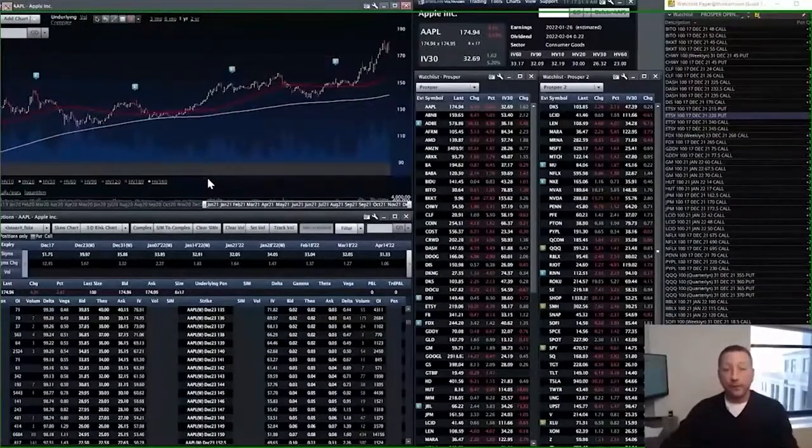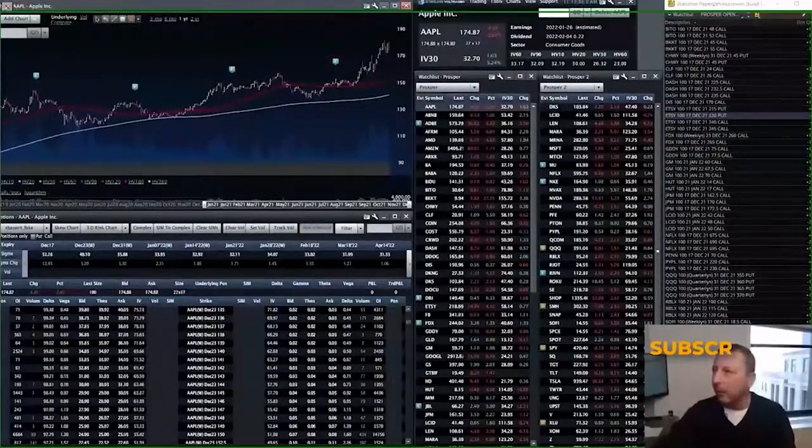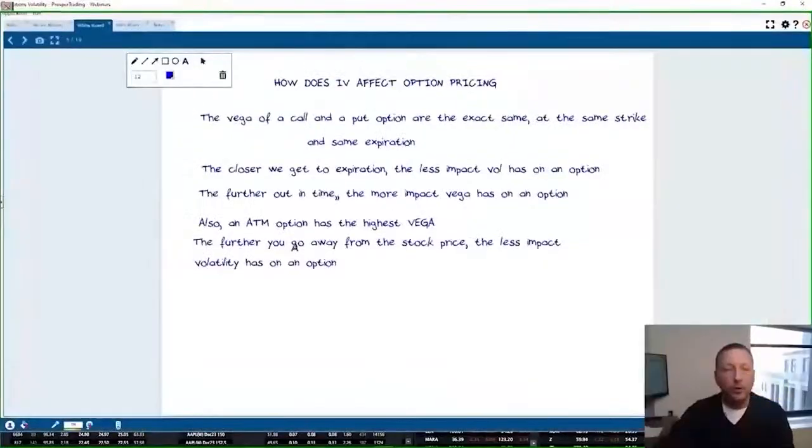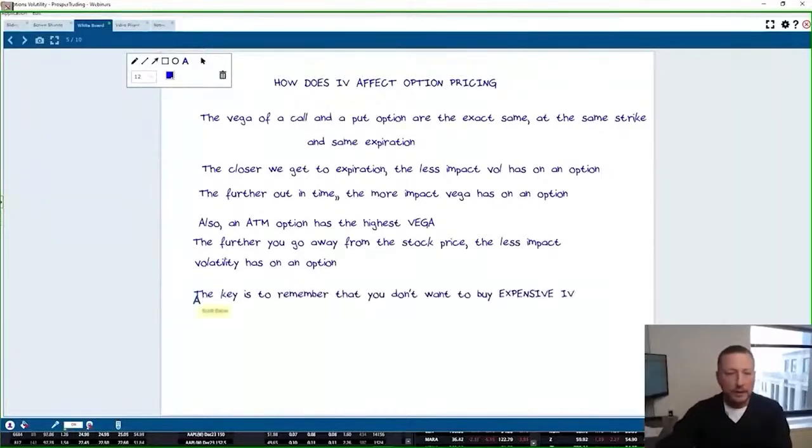And there are different strategies and different setups for each scenario. The key to remember for any scenario you want to be in is that you don't want to buy expensive IV and you don't want to sell cheap IV.